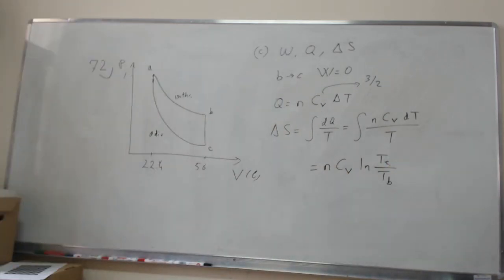I'm guessing this formula is already in the book somewhere, but because you already calculated the temperatures and you know that CV is 3/2, you can also calculate the change in entropy.